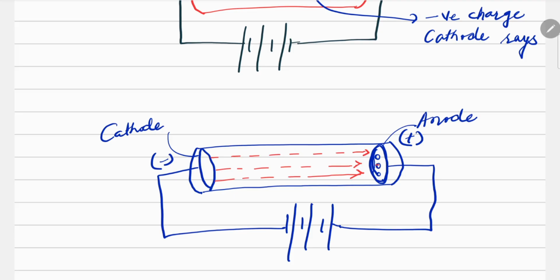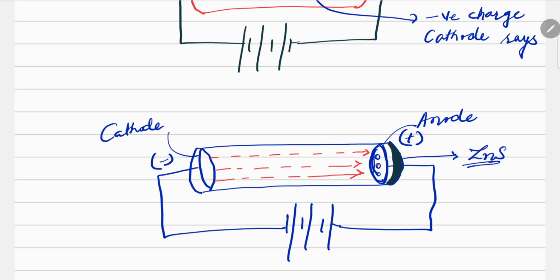And he had already coated the end behind this perforated electrode with phosphorescent or fluorescent material like zinc sulfide.